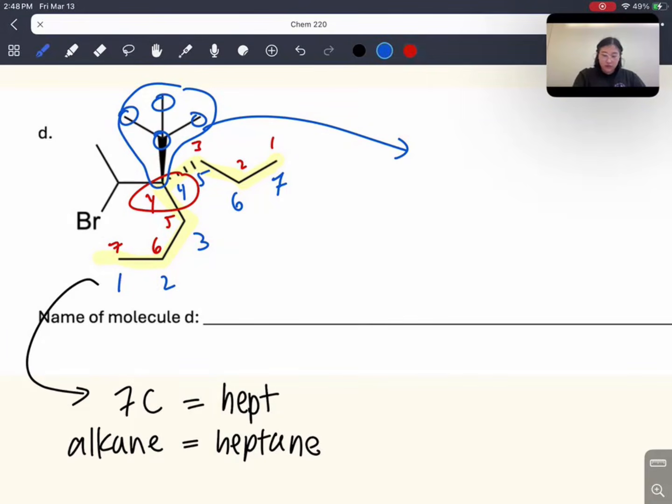And the 4 carbons are attached in a certain way where we have a quaternary carbon, or a carbon that's attached to 4 carbons, but also the 3 carbons are attached to the same 1 carbon over here. And so the name for this orientation of 4 carbons is tert-butyl.